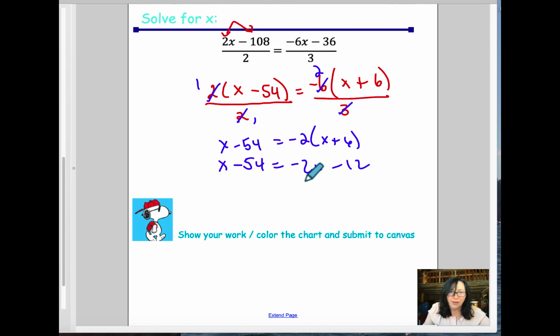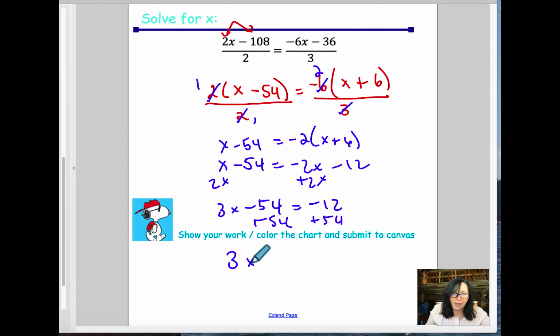I'm going to add 2x to both sides. And in doing that, that's going to give me 3x on the left minus 54 equals negative 12. I'm going to add 54 to both sides. And then I'm going to get 3x is equal to, and for this, it is a positive and a negative. So I'm going to go 54 minus 12, which is 42, like that.